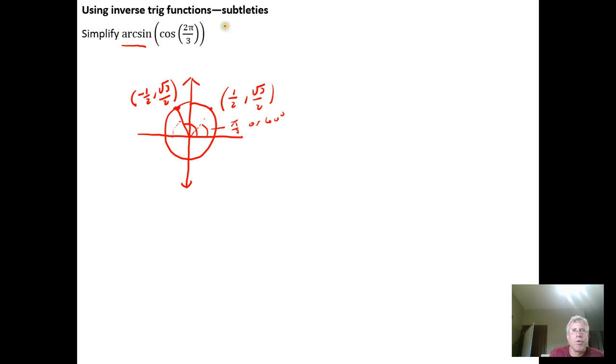And what we're going to see then is that when we do the arc sine of the cosine of 2 pi over 3, the cosine of 2 pi over 3 is going to be the x coordinate on the unit circle. So it's going to simplify to arc sine of negative 1/2.